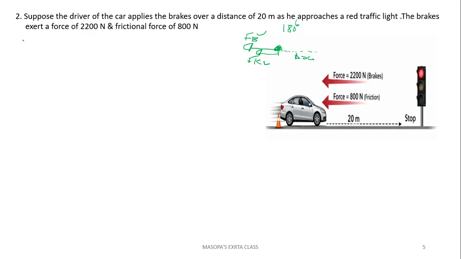So we're going to start with the work done by the brake. It will be the force of the brake times delta x times cos of theta. Then your force of the brake is 2,210 newtons. Delta x is 20, cos of 180.